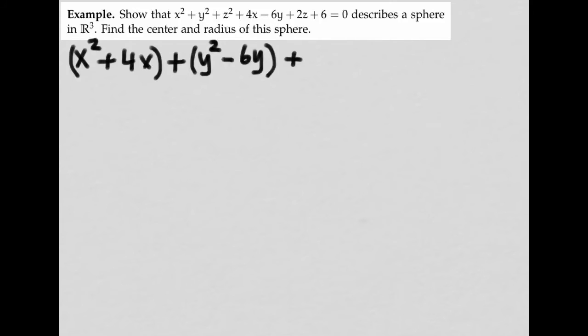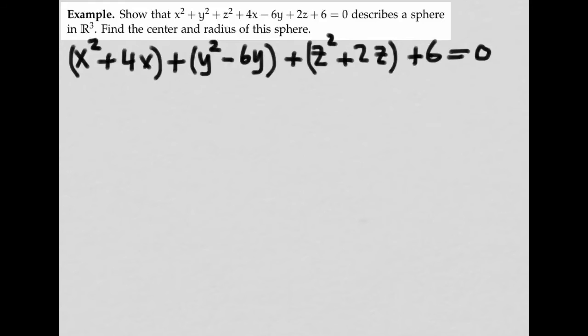So we start as follows. I'm going to rearrange the expression and write it as x squared plus 4x plus y squared minus 6y plus z squared plus 2z plus 6 equals 0.